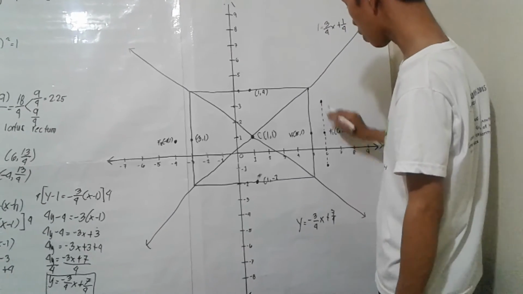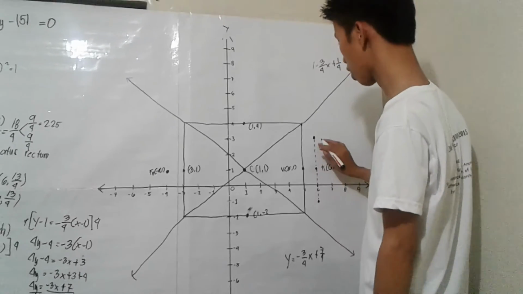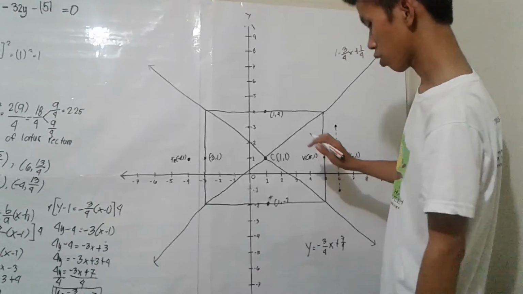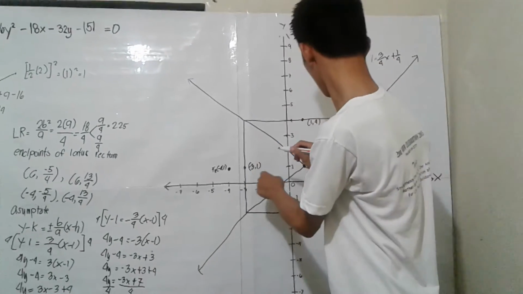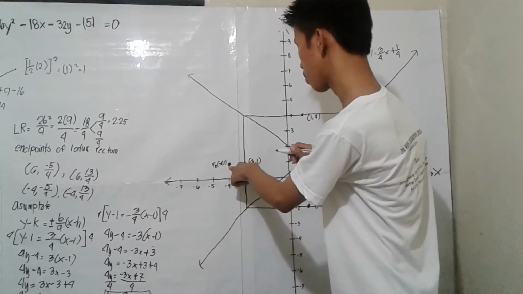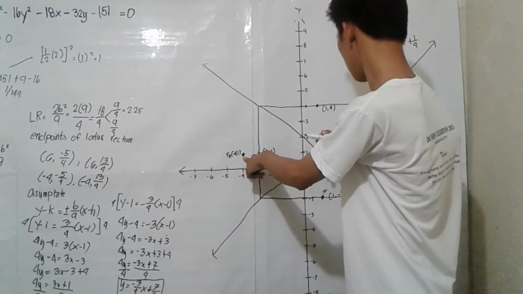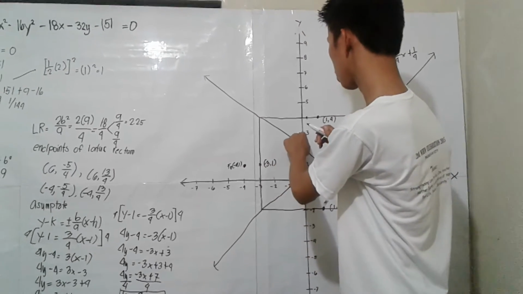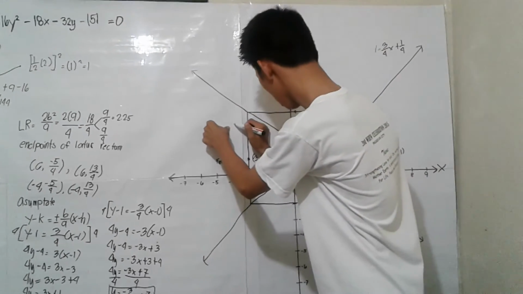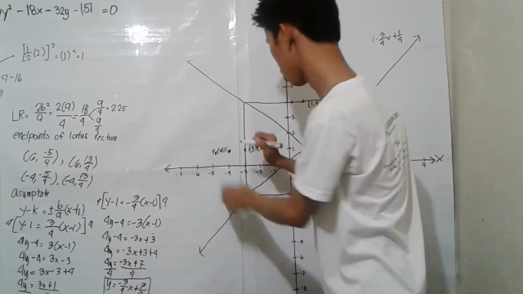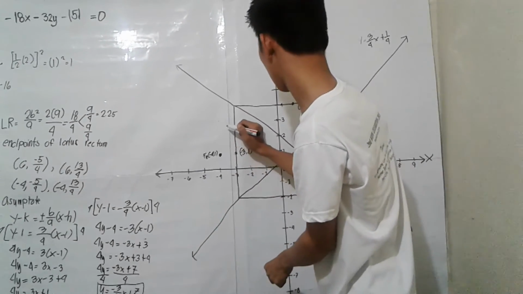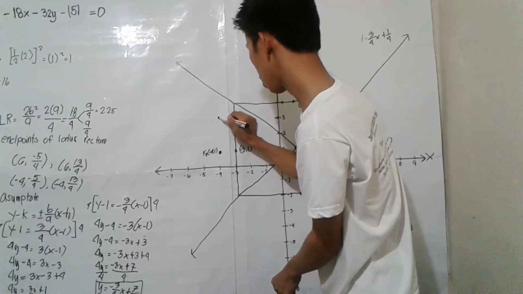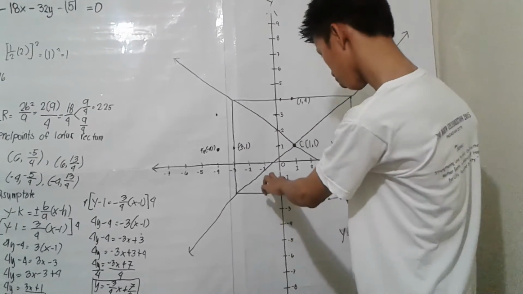So from here, this is the length of our latus rectum. So next, another one. So this will be add 9 over 4, so 9 over 4 will be 2.25.